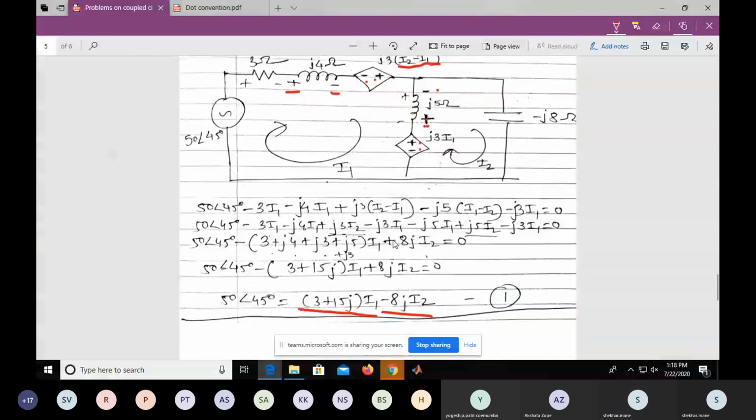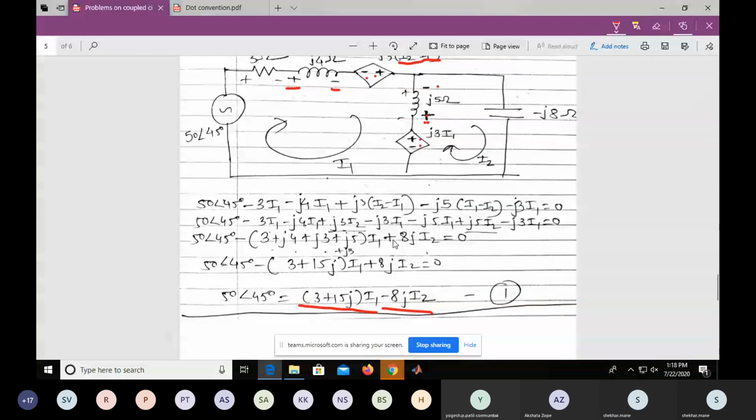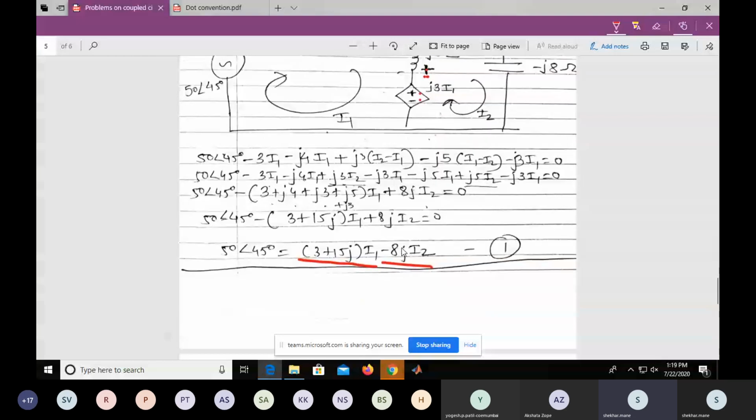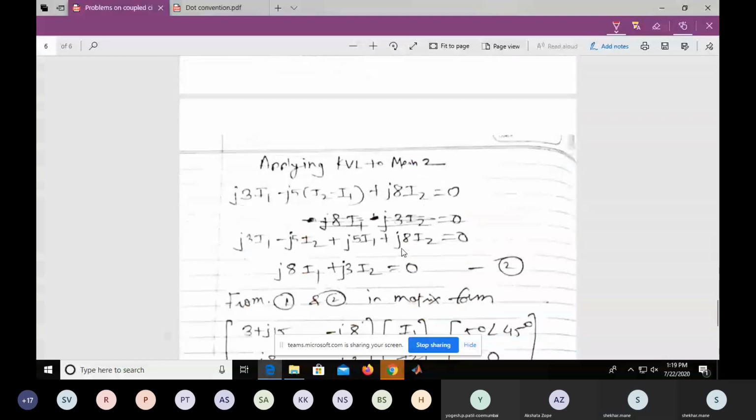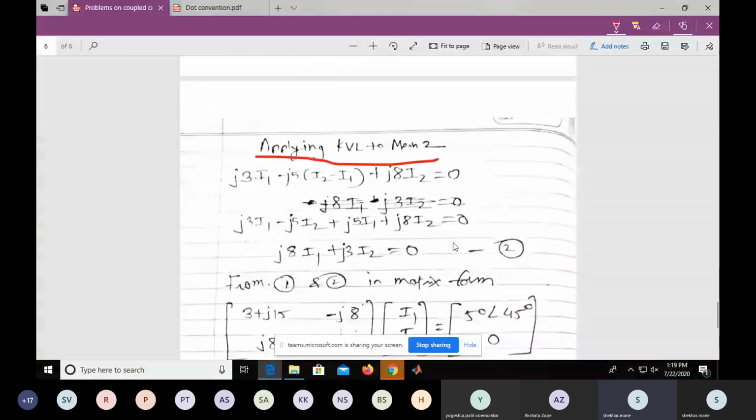Hello. Yes, sir. Now the other task is to apply KVL in mesh 2. By applying KVL in mesh 2, you will get this equation: j3 I1 minus j5 (I2 minus I1) plus j8 I2.